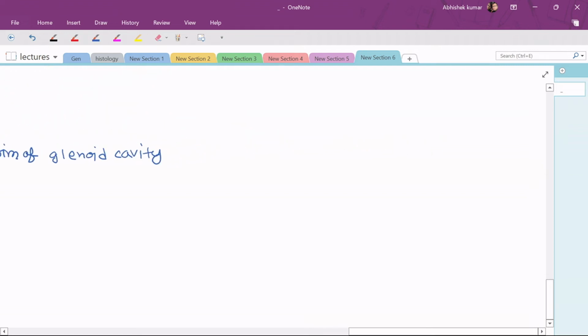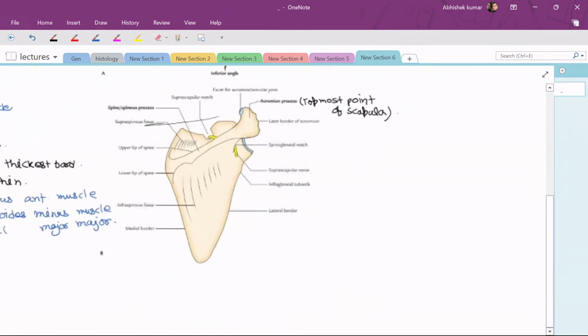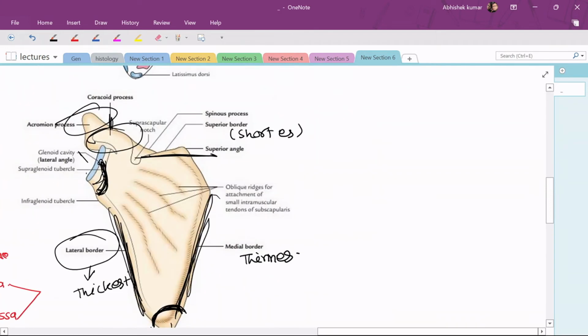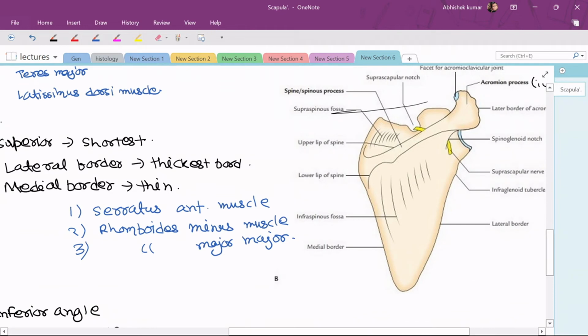Let me show you where the lowest rim of the glenoid cavity is. If you see this, this is the glenoid cavity you have. So this is the lowest rim and this is the upper rim. So somewhere here is one ossification center.